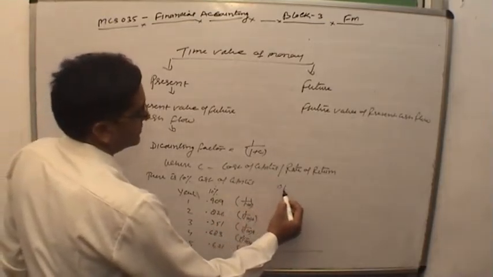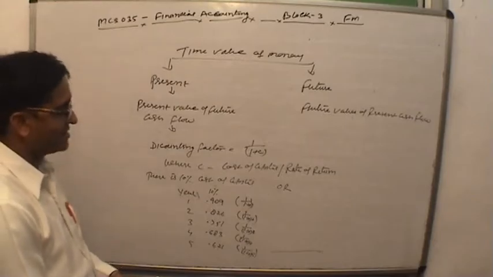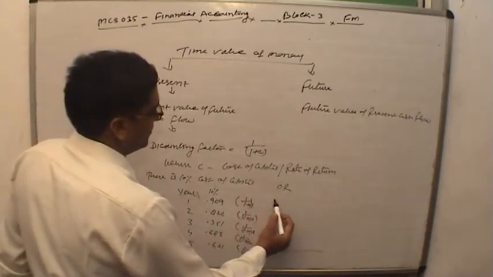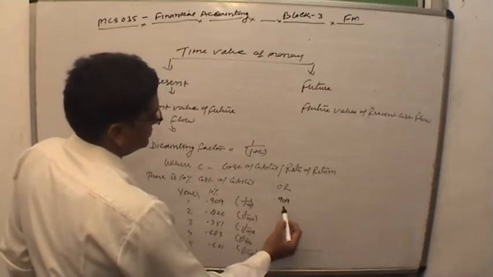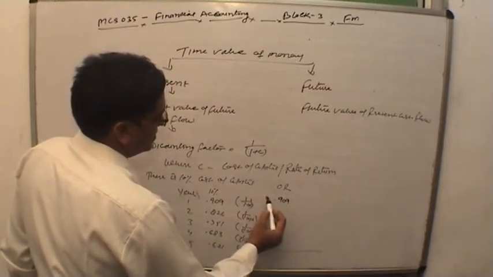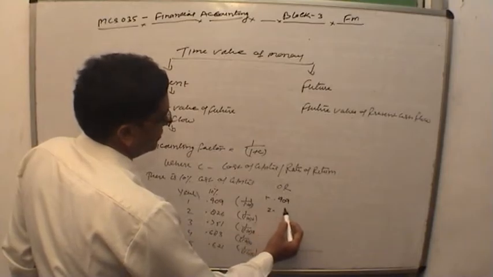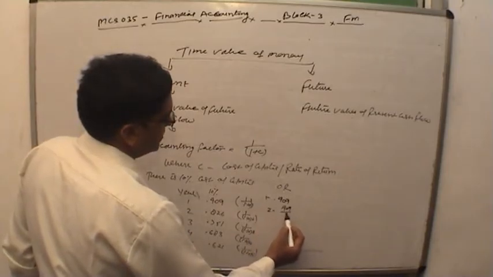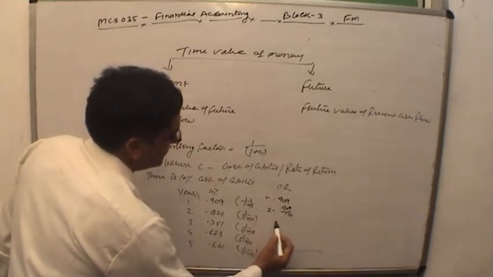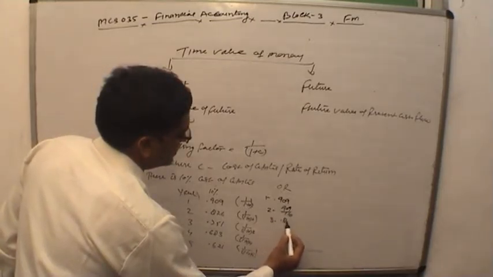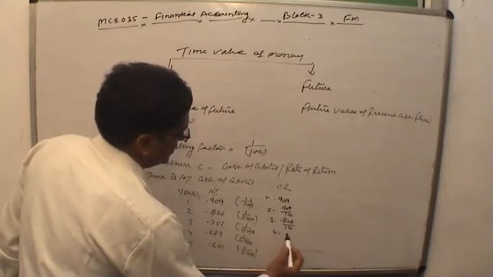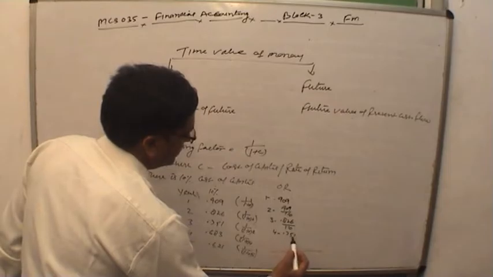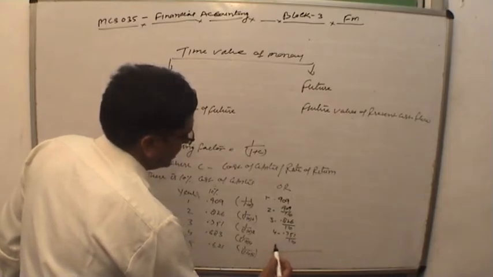Or in other terms, we can also calculate it as follows. Having determined the value of the first year, 0.909, for the second year you divide 0.909 by 1.10 and find 0.826. Then 0.826 divided by 1.10 gives 0.751, and dividing by 1.10 again gives 0.683.